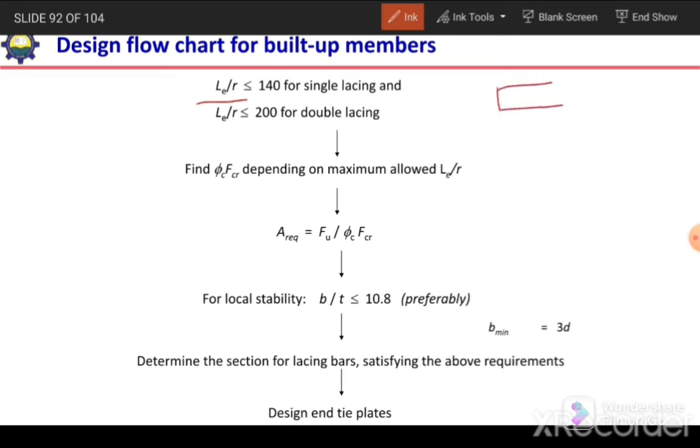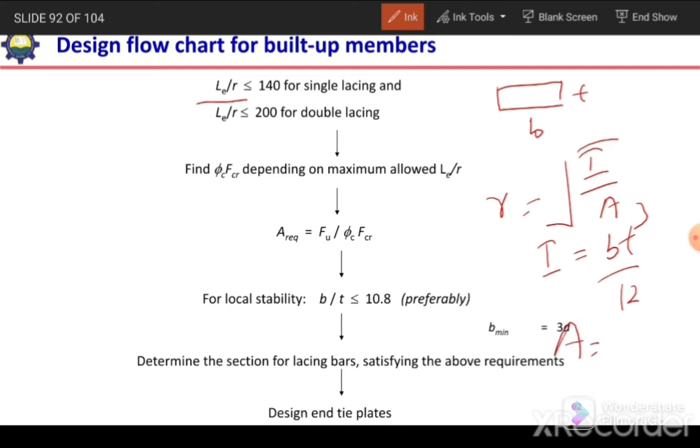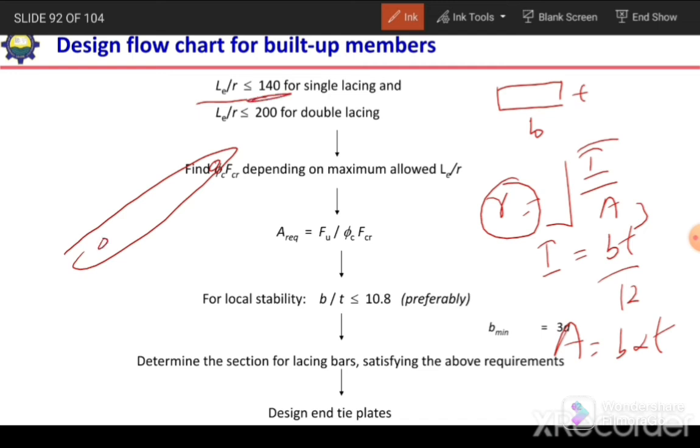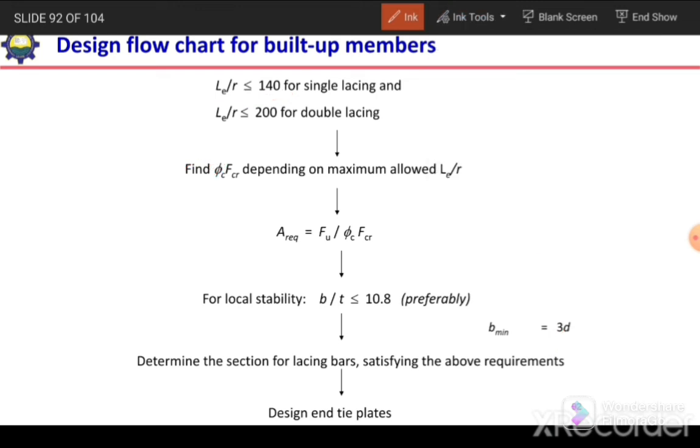For example, if it is a rectangular section with B and T, then R will be equal to the square root of I over A, where I is equal to BT cube over 12, and A is equal to B times T. By using this expression we can calculate R. The slenderness ratio of the lacing element should be less than 140 for single lacing and less than 200 for double lacing.